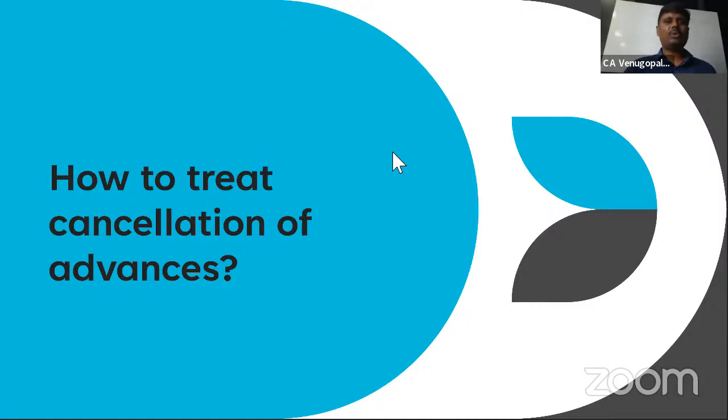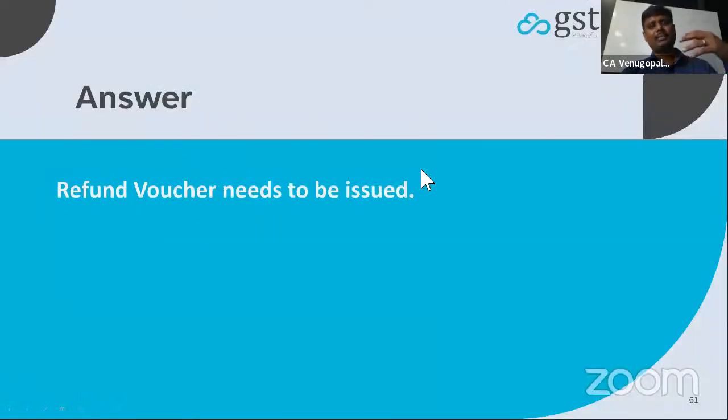But the right way of doing it is whenever you are cancelling a liability, you have to issue a refund voucher and you have to close it. You cannot report it through input tax credit. If you have reported, there's no choice. You have to pay additional taxes now because you cannot avail that as an input tax credit, which is not an input tax credit.